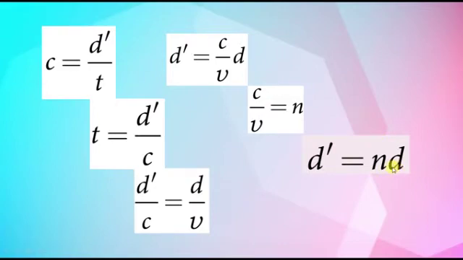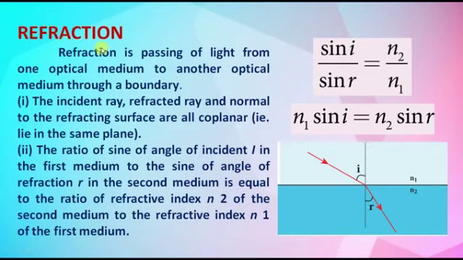So the value of n is always greater than 1 in an optical medium. Thus the optical path d dash of the medium is always greater than d. Next we see refraction. Refraction is the passing of light from one optical medium to another optical medium through a boundary.